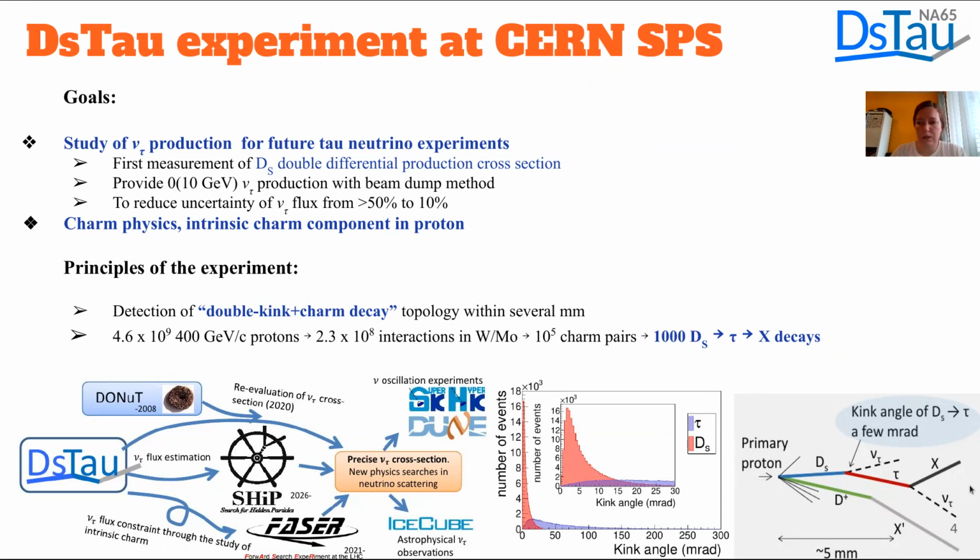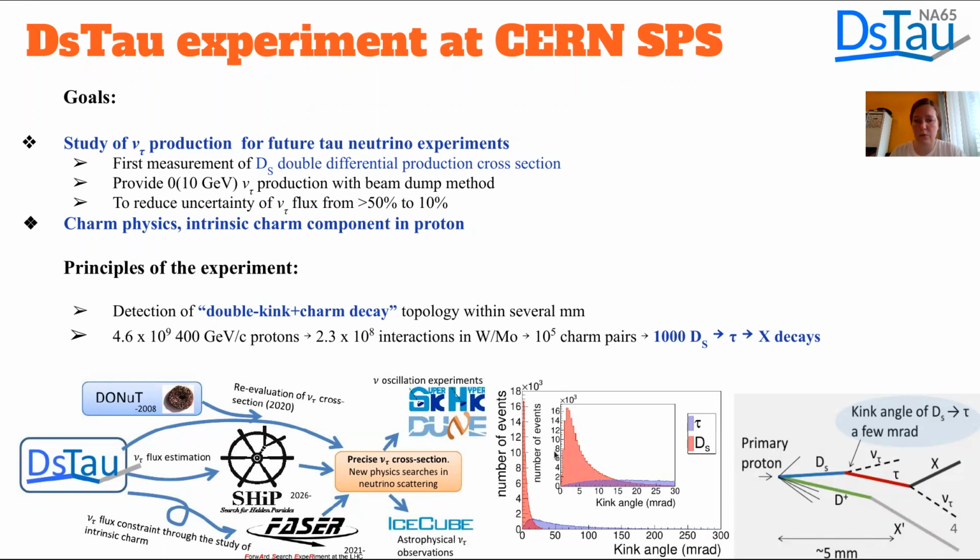As I said, we are planning to detect such topologies of so-called double kink, where Ds decays to tau, accompanied with a pair charm decay. The registration of this topology is quite difficult because the range of these decays is about few millimeters, and the kink between Ds and tau is quite small.